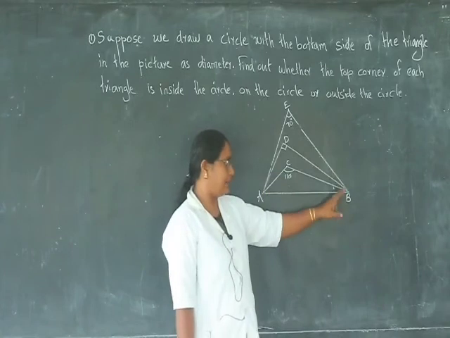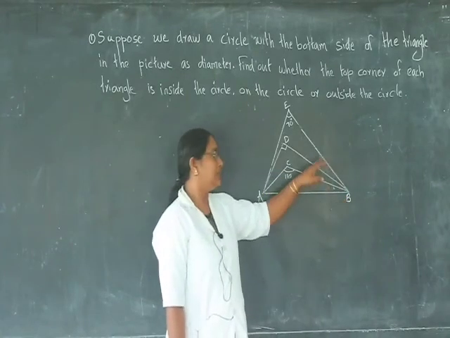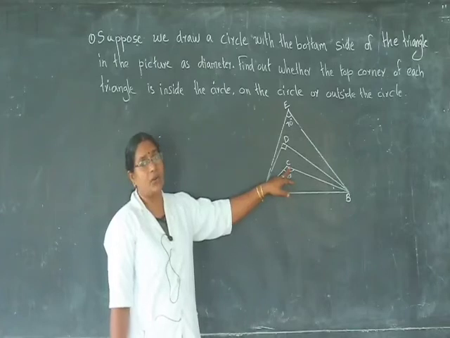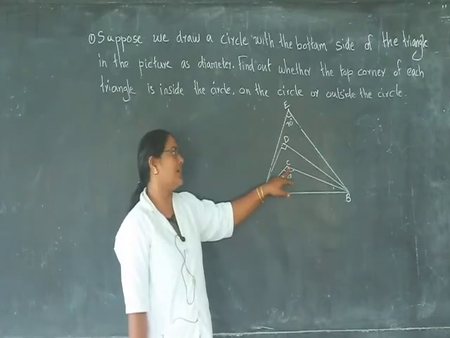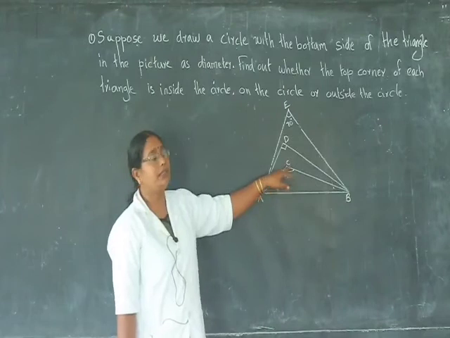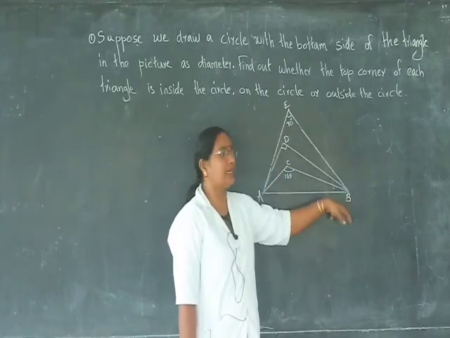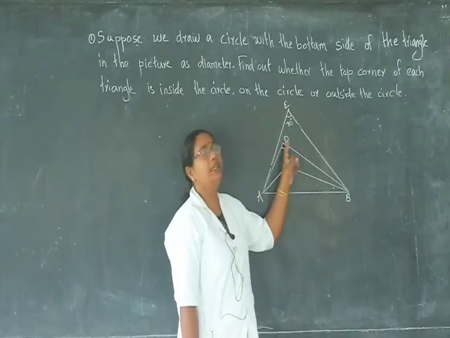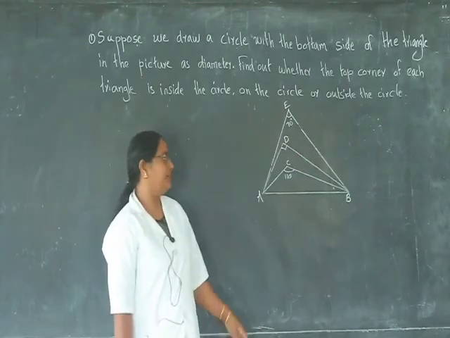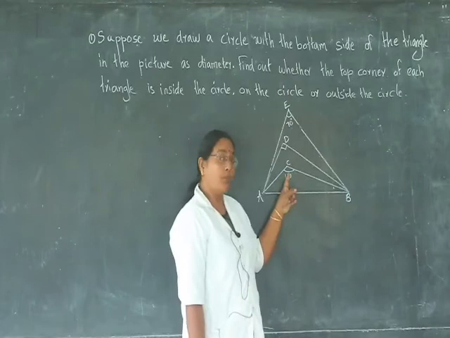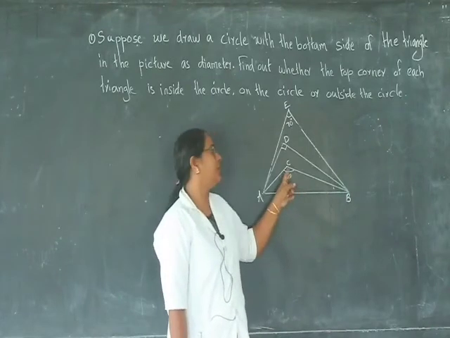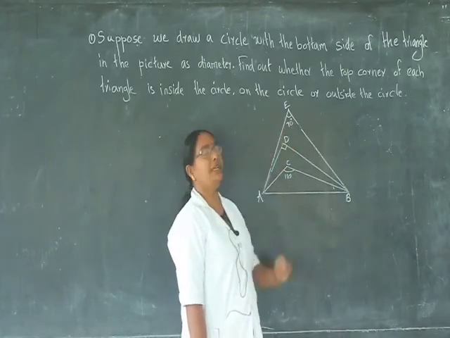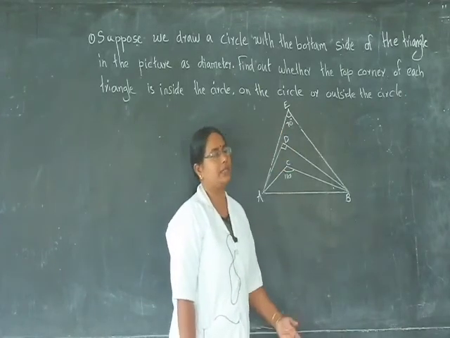Whether the third vertex lies inside, outside or on the circle, we find using that the angle in a semicircle is 90. Here 90 degrees, therefore D is on the circle. This is more than 90, therefore C is inside the circle. 70 degrees, therefore it is outside the circle.